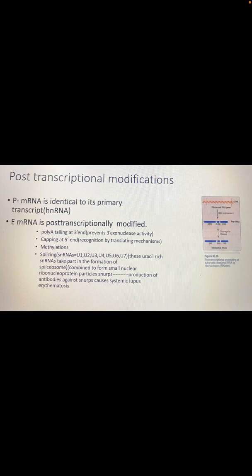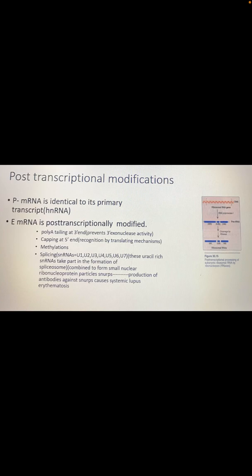Then successive methylations occur, and after these two steps, which are called capping and tailing, we have another event called splicing, which is done on the eukaryotic mRNA.